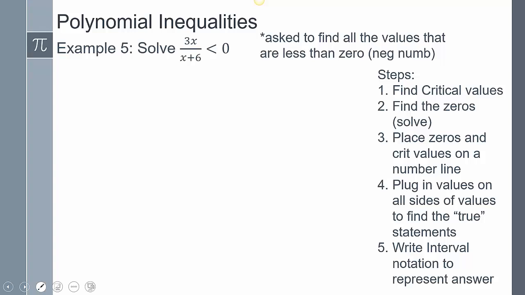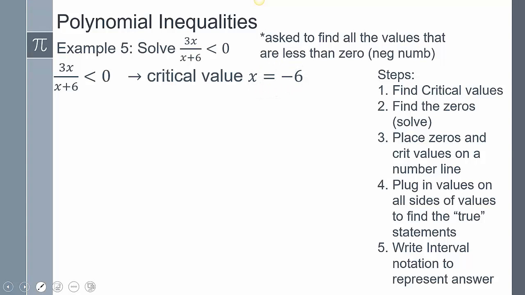So in example 5 here, it says solve 3x over x plus 6 is less than 0. Because it says less than 0, I know it's going to be looking for negative numbers. So the first thing I want to do is find those critical values. That's going to be a vertical asymptote here. If I set the denominator equal to 0, x plus 6 equals 0, I'm going to get x equals negative 6.